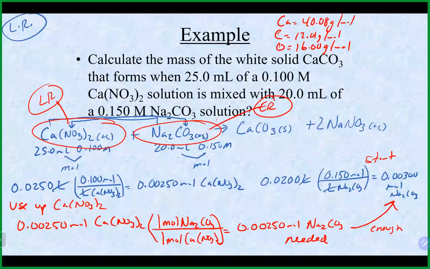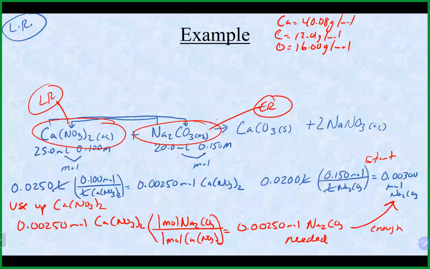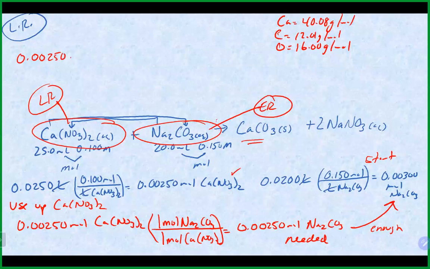Now that we've actually determined that, I'm going to borrow some of the room up here to finish it out. We are going to start with our limiting reagent and figure out how much of our product we would make. So using our limiting reagent starting amount, we would go with 0.0025 moles of calcium nitrate. We're now going to do the mole to mole relationship between calcium nitrate and our product here, which also happens to be a 1-to-1 relationship.